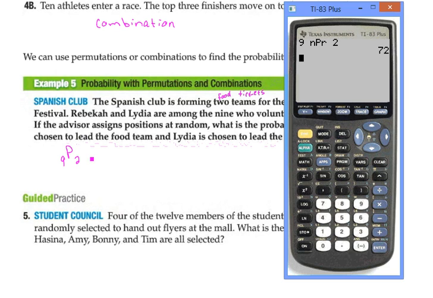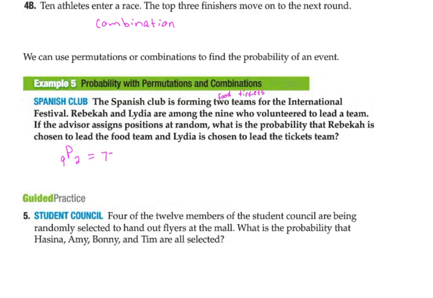There's 72 possible ways that these kids could be ordered, that they could choose the 2 leaders. Now let's focus on Rebecca and Lydia. Rebecca and Lydia want to be one of those possible 72.